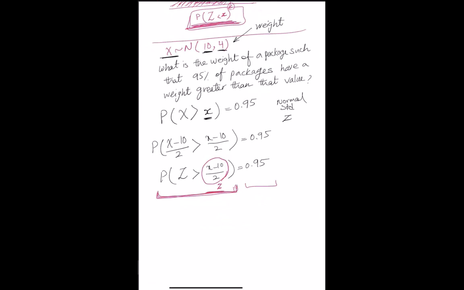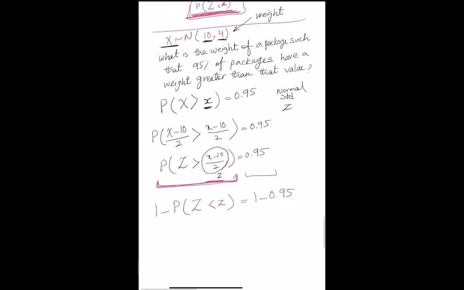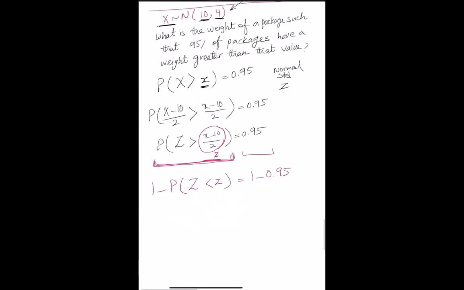So probability of z greater than lowercase z, I'm going to write as 1 minus probability of z less than lowercase z.